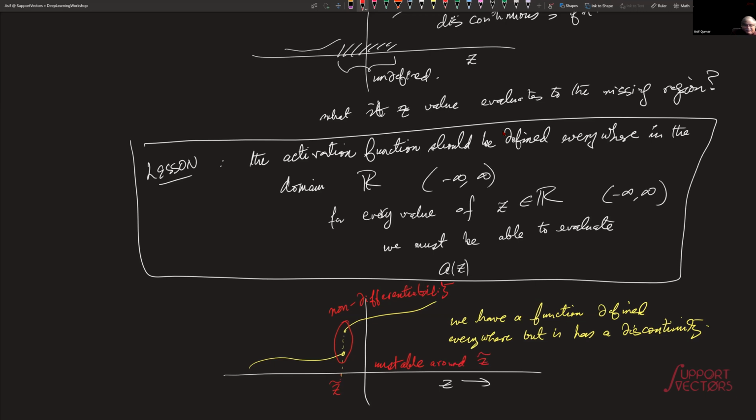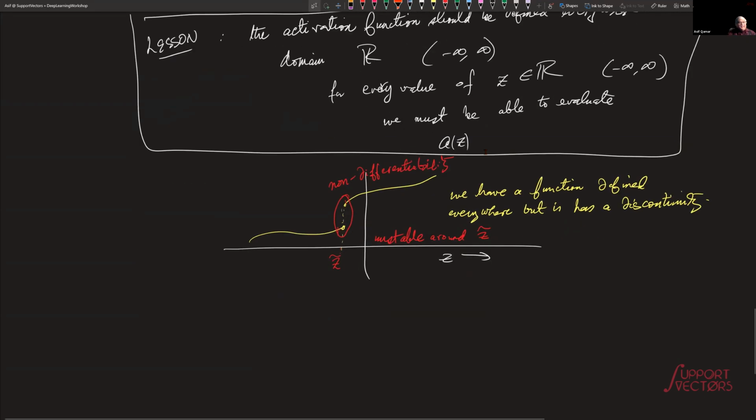Means very small perturbations, very small changes of values. If you're on this side of the boundary, the value is this. If you're this side of the boundary, the value just suddenly shoots up, isn't it? That is usually not a good idea because you want small changes to have small effects, not dramatically different effects. So that also doesn't seem to be good. So the lesson here is, we learned the next lesson.